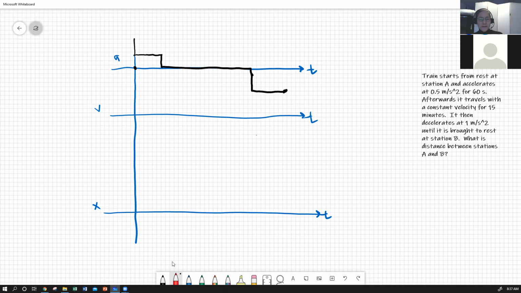If we look at velocity as being the first time integral of acceleration, we started from rest, so velocity was 0. And so we would expect to have some line function with a positive slope that's equal to our acceleration. Then we're going to have a constant velocity when acceleration is 0.